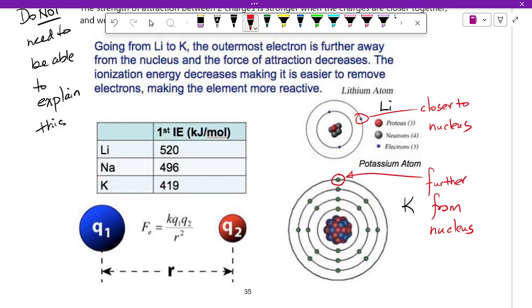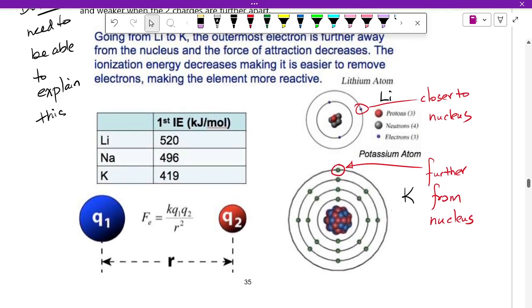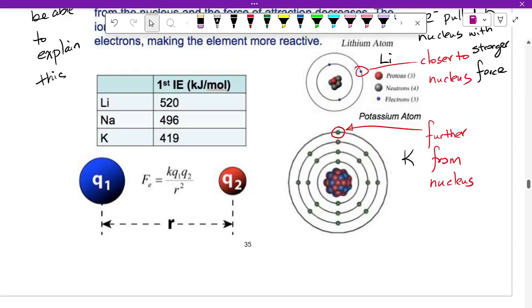So just like the force, this electron is pulled to the nucleus with a stronger force. This electron is pulled to the nucleus with a weaker force.